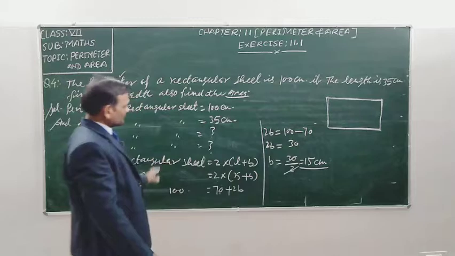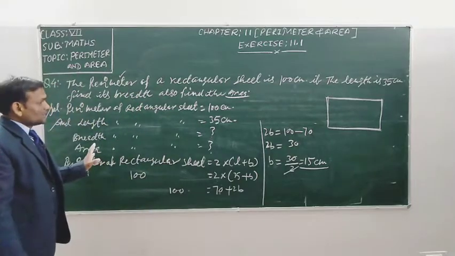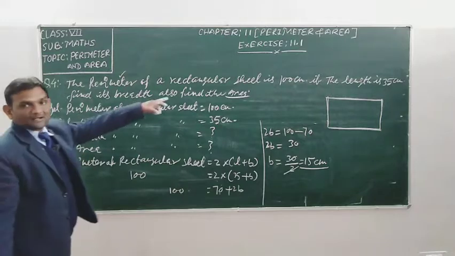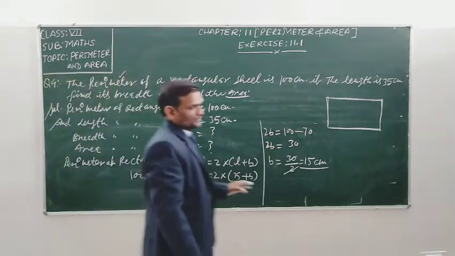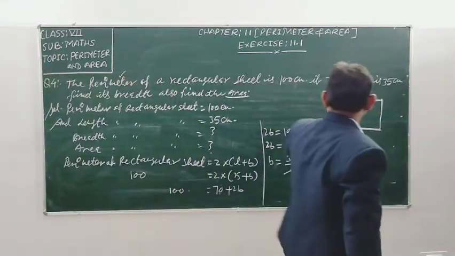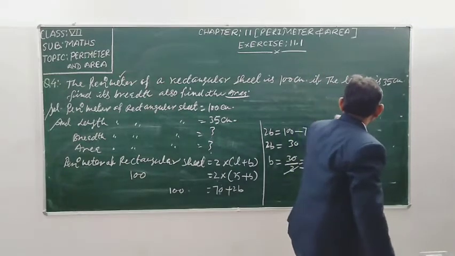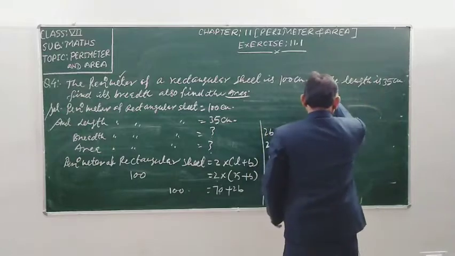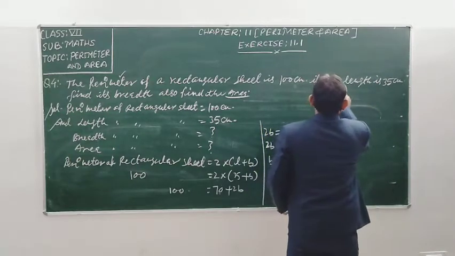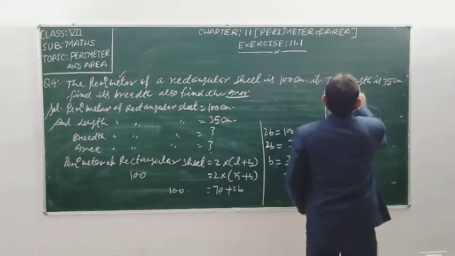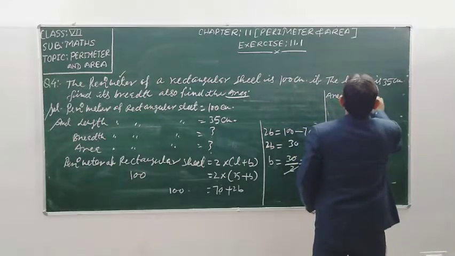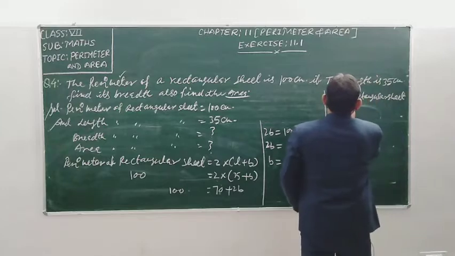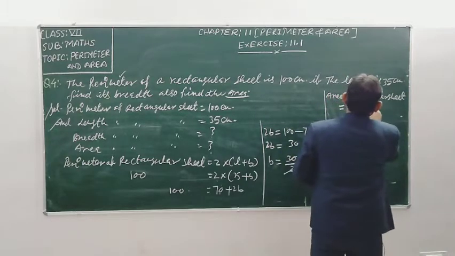Now student, we are able to find out the breadth, so we can easily find out the area of the rectangular sheet. Area of rectangular sheet is equal to length into breadth.